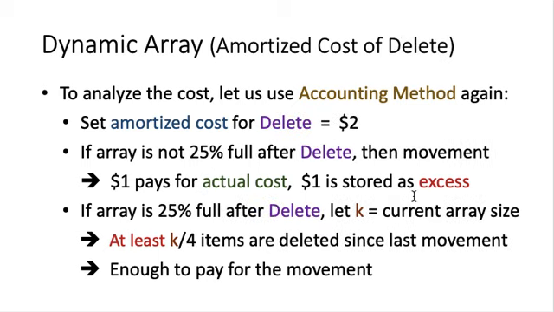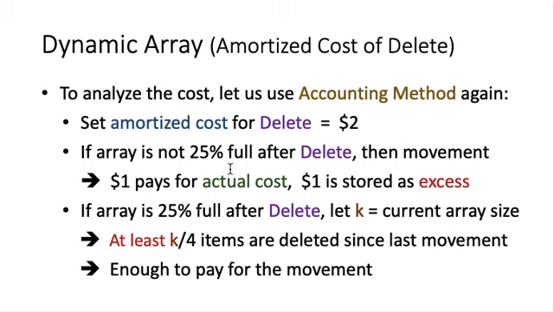Now how about delete? The amortized cost for delete, we can set to be $2. Again, when the array is not 25% full after the delete, so it's not that empty, there will be no movement.